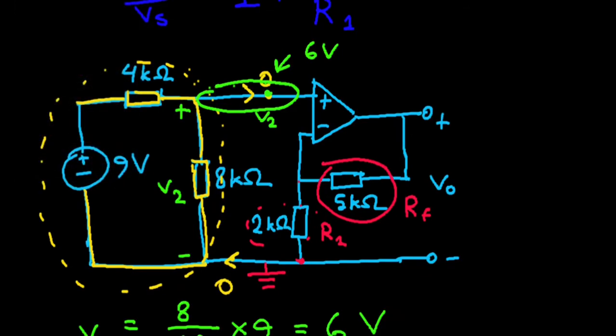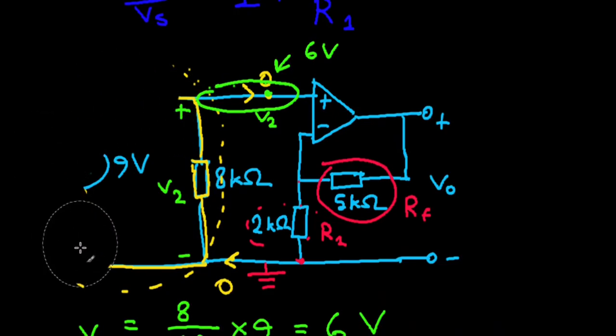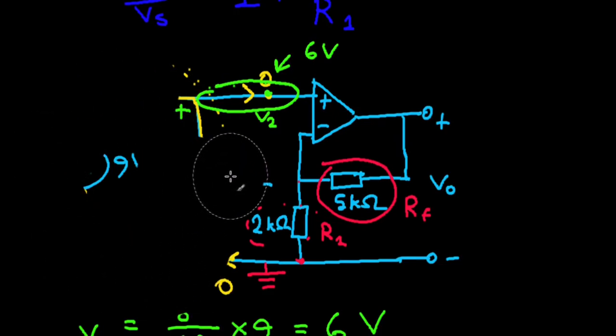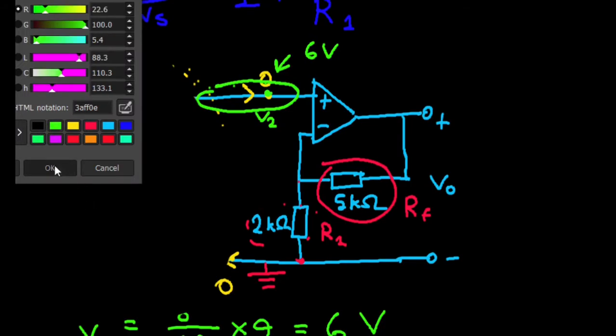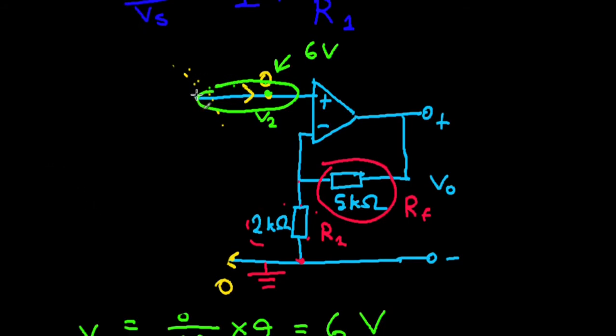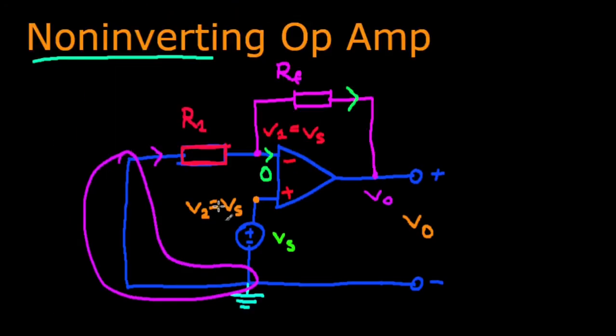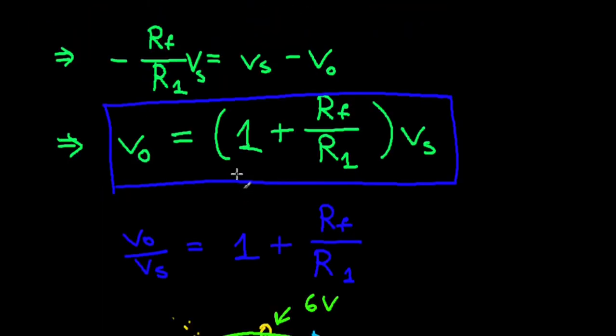This is exactly the same as if we discarded this part and said that, okay, this is the same as if we just connected a 6 volt cell here. This is exactly the same as that. And well, if it is, then, as I said, this is our non-inverting op amp.